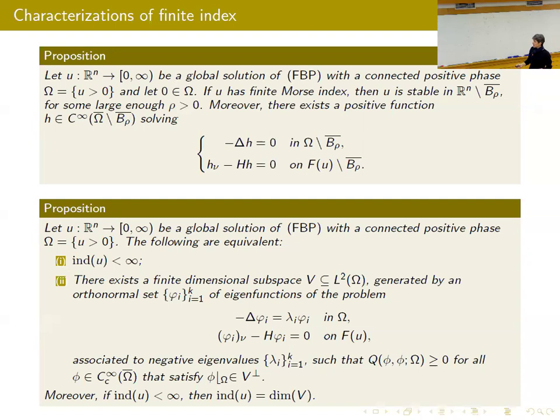You also characterize the index as follows: if you have finite Morse index equal to say k, then there's a set of k orthonormal eigenfunctions to the problem associated with negative eigenvalues. Well, this might seem obvious, but when you're working globally, it's not. What's not obvious is that these are L2 integrable eigenfunctions. So you have to do some estimates around here.